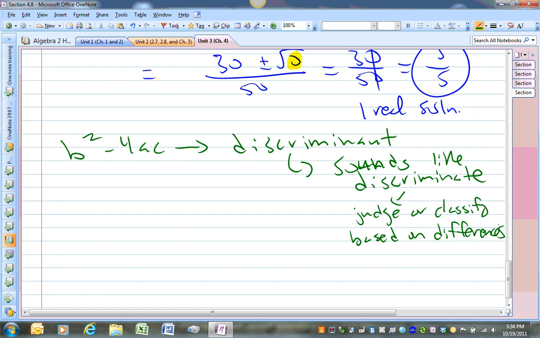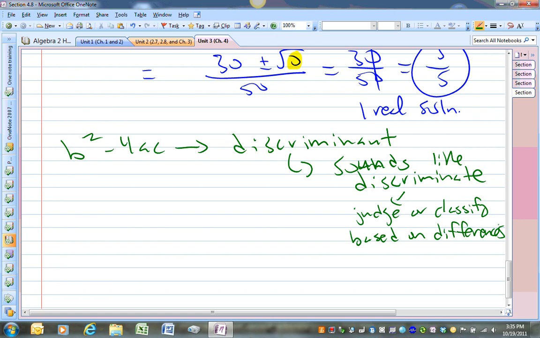You hear it with gender, or class, or even age. Kind of like with police officers when they pull someone for speeding, they might give you a ticket if you're younger, but not if you're older. But of course, we're talking about math.